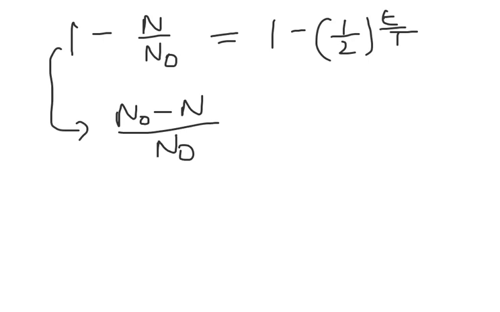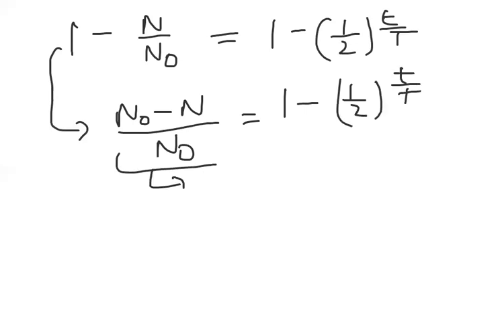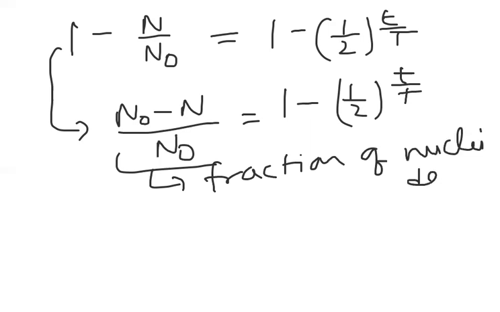N naught is the initial number of nuclei, and N is the nuclei present at that instant. This is the formula for the fraction of nuclei decay: 1 minus 1 by 2 whole power t by capital T.